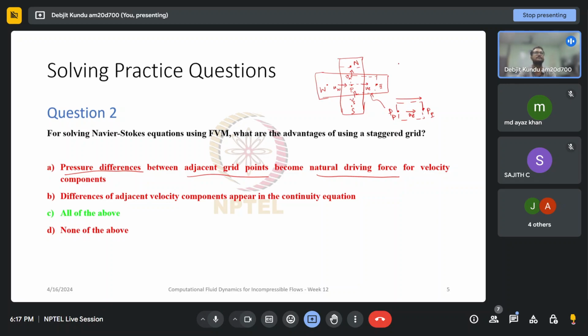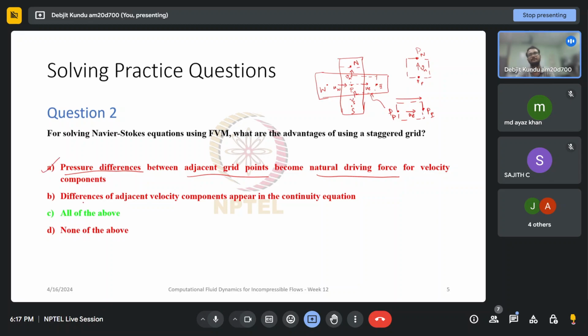The same thing goes for the vertical velocity here as well. I have PP here and a PN here and a V small n over here, where the pressure difference between the top and bottom surfaces of this control volume becomes a natural driving force for the velocity in between. So that's why option A is correct.